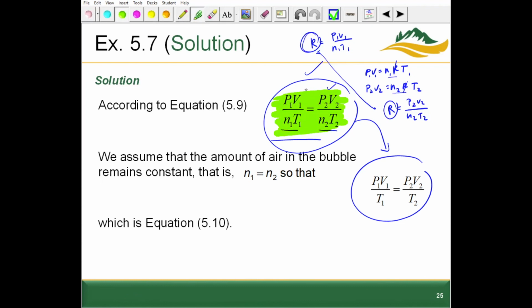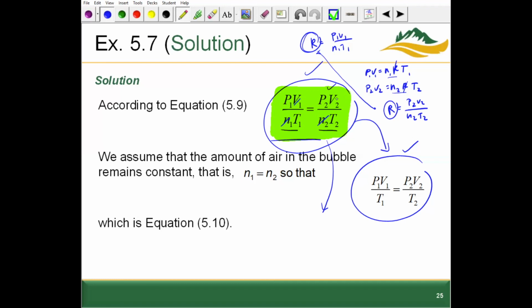If you are given information about the number of moles changing as well, then you would need to use this equation. Because we're told the number of moles remains the same, we know we can use this combined law from Gay-Lussac and Charles. In fact, one tip could be to start with this one each time, and then if the number of moles is constant, that doesn't change on either side of the equation.